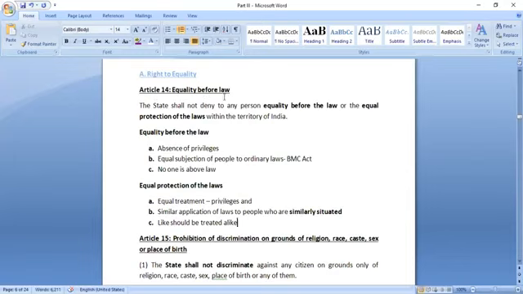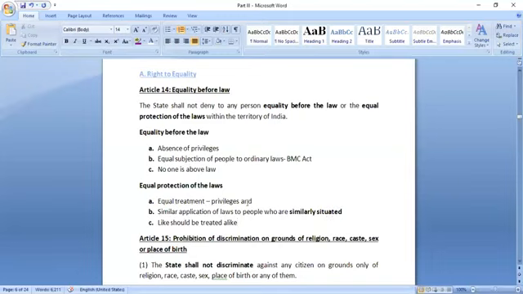So equality before law basically means that if there are any consequences or liabilities that a person is facing, it should be the same for all the other people who are similarly situated. If there is any privilege or protection given under law, it should also be given to all the people who are similarly situated.